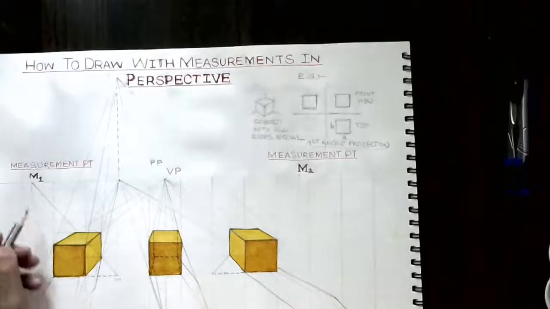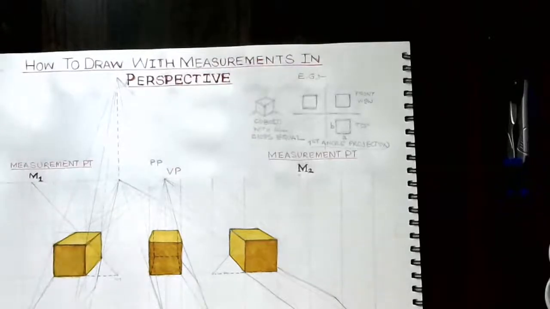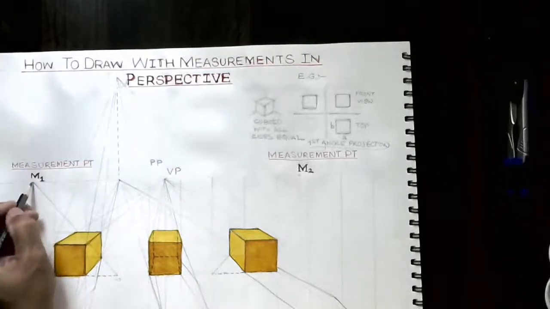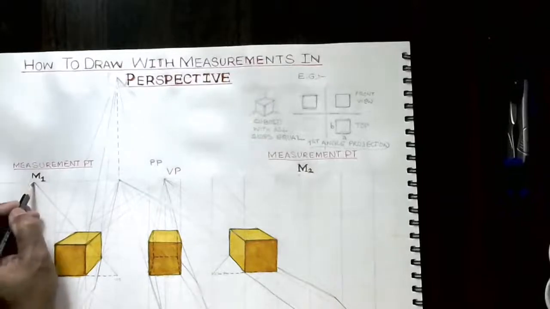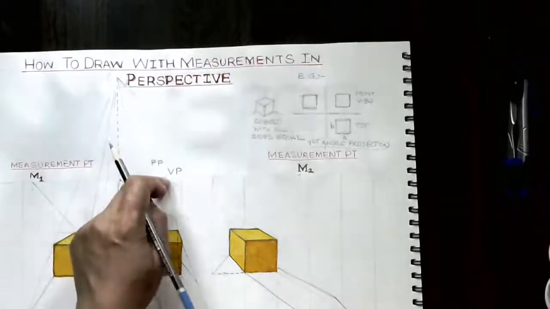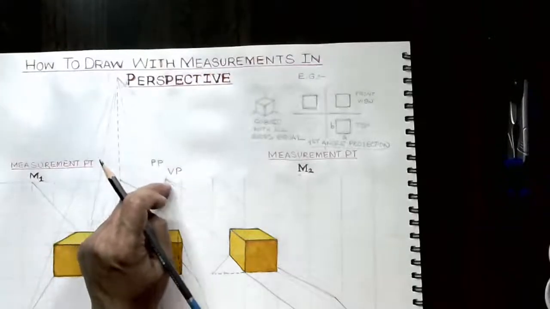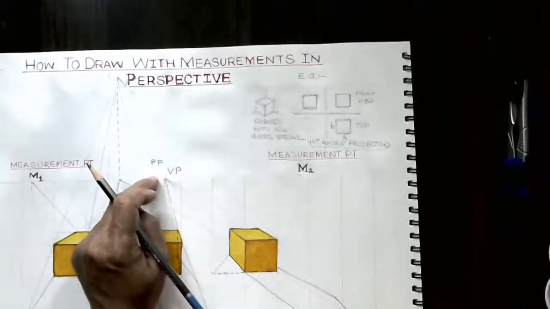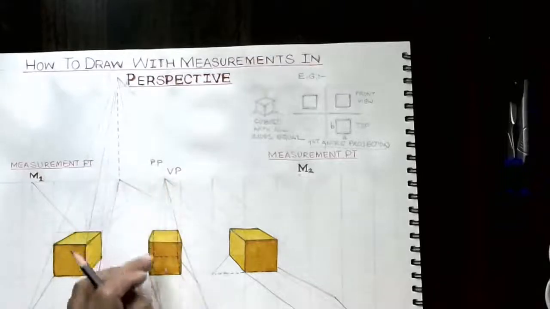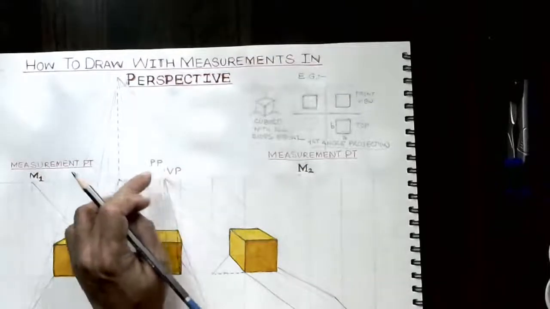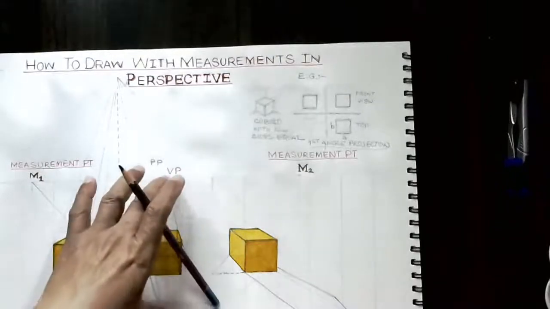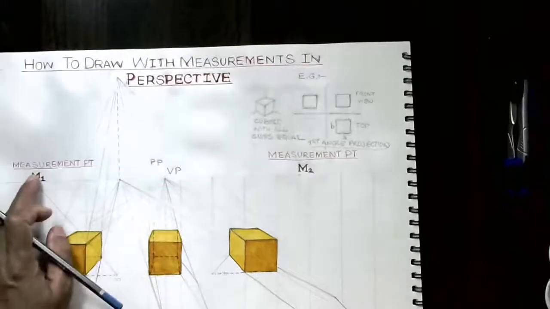Now with respect to the measurement point, which we have plotted by taking the viewer on the horizon, and the principal point, which is more important. The vanishing point and principal point in parallel perspective happen to be the same. So we take this arc and project it here.